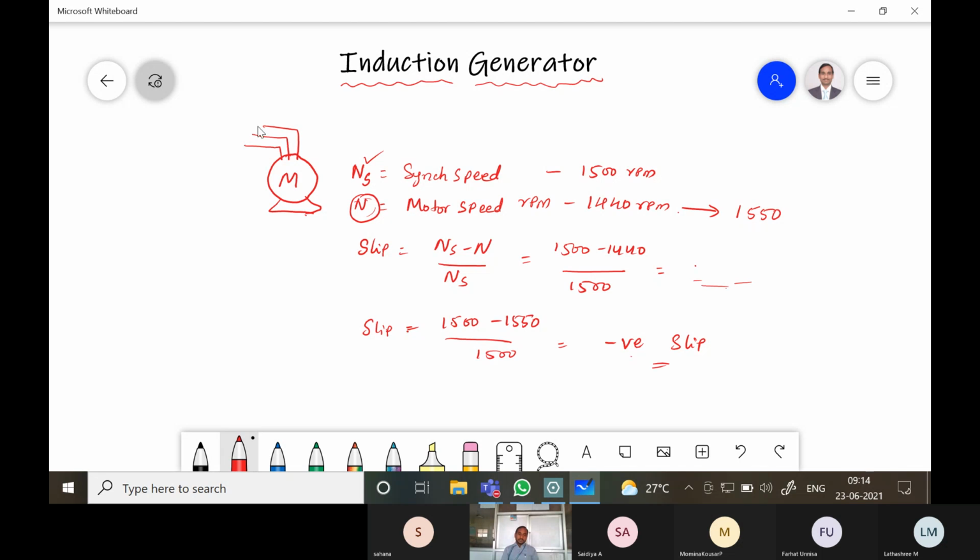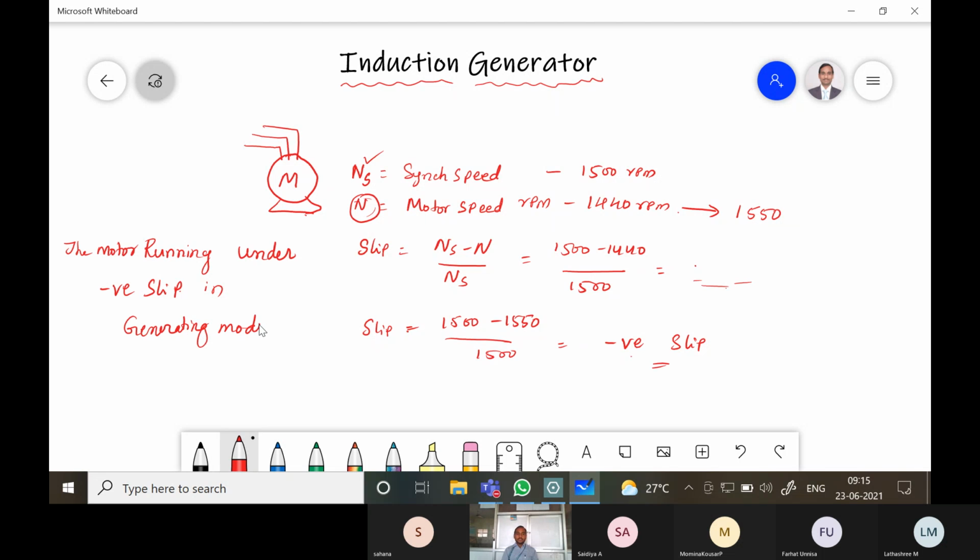So the induction motor running under negative slip indicates the rotor is running above the synchronous speed and the motor is in generating mode.